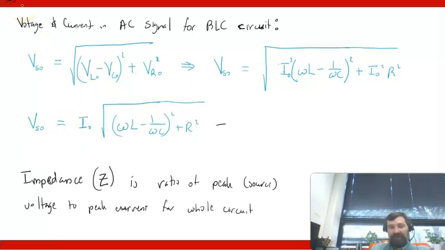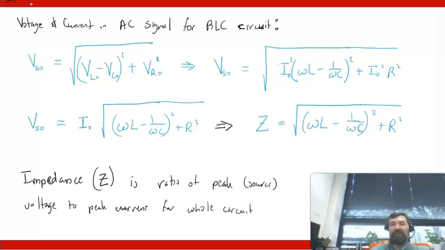So basically that lets us define the impedance for the circuit as a whole, Z, and it's given by the square root of omega L minus 1 over omega C quantity squared plus the resistance squared. So notice that this impedance is a sum of squares, so both this quantity as a whole is positive and this quantity is positive. So the impedance is real.